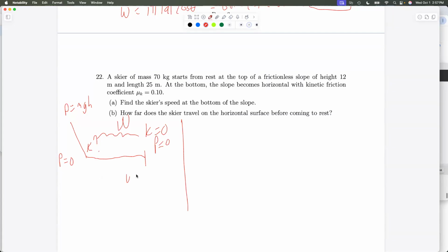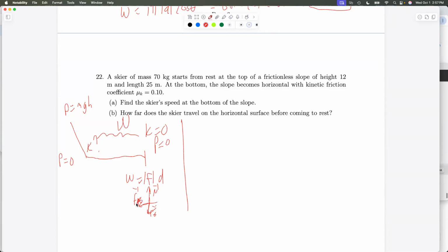And what is that work? That is the force times the displacement. But we know what that force is. We draw a free body diagram. We got the weight, I don't want to use W, Fg down. Normal force up. Those will be equal and opposite. We'll have some frictional force back here. That's an Fk.